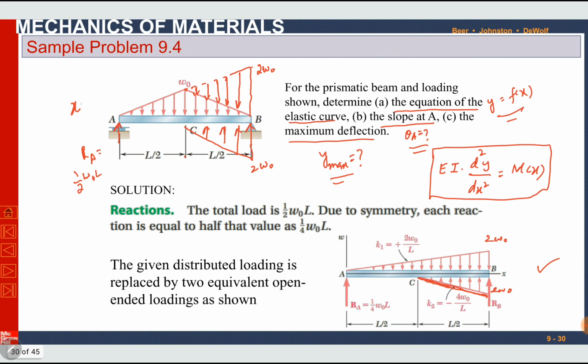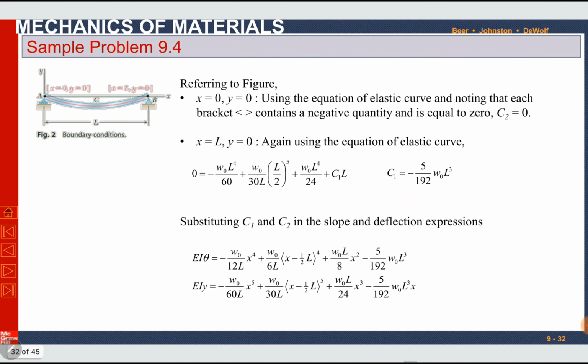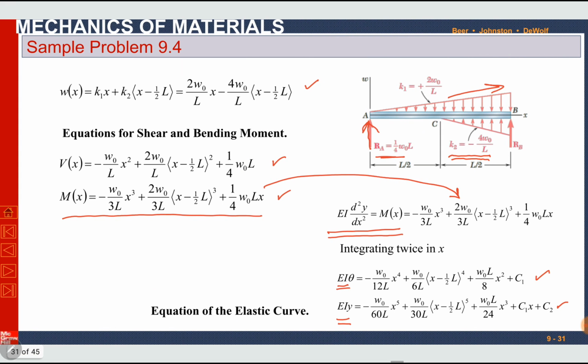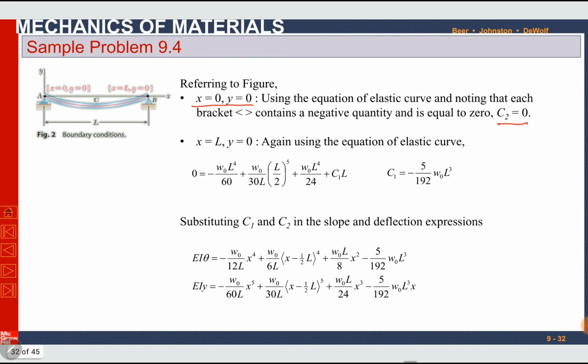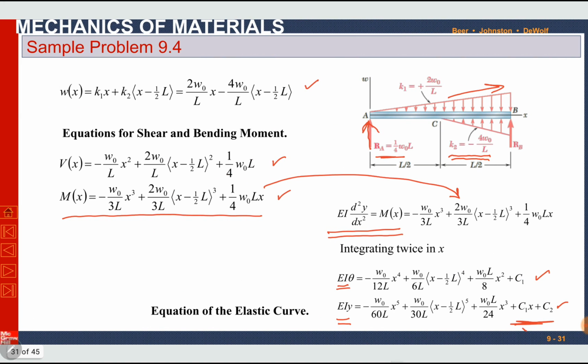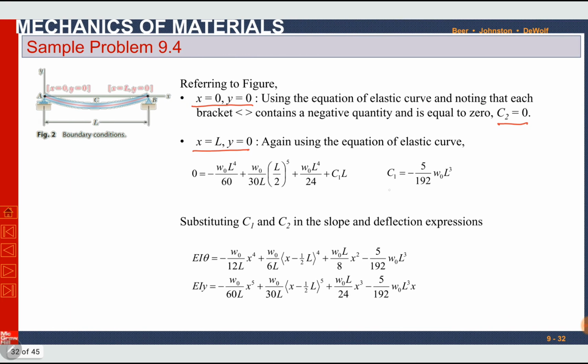At x equal to 0, y is 0. At x equal to length, y is 0. By putting x equal to 0 and y equal to 0, we get C2 equal to 0 from this expression. Similarly, by putting x equal to L and y equal to 0 again in this expression, we get C1 equal to minus 5 by 192 W naught L cube.